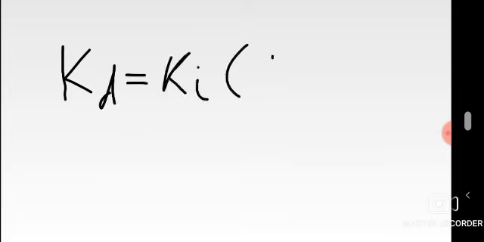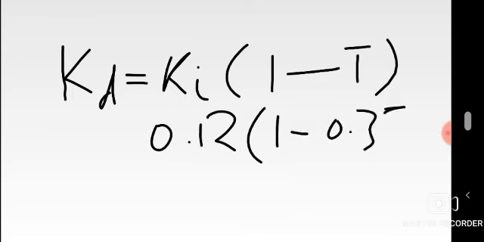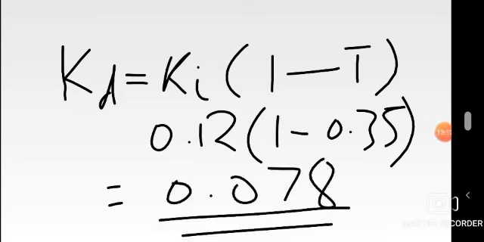KI, cost before tax, times 1 minus tax. KI, we said, is 0.12 before, and the tax rate is 0.35. What would be your cost? So I'm getting 0.078 as my cost of debt. Then you'll get to solve the weighted average cost of capital from here.